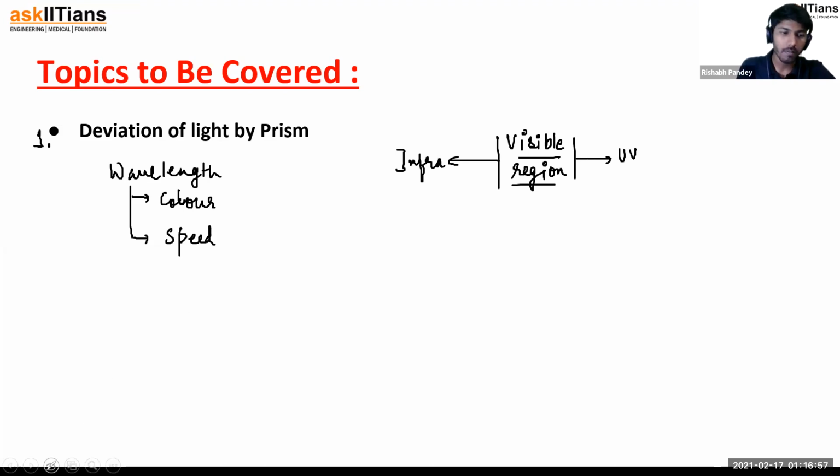Like for example, the examples of infrared radiations are radio waves, and UV radiations are alpha radiation, beta radiation, gamma radiations. All of these are the UV radiations.